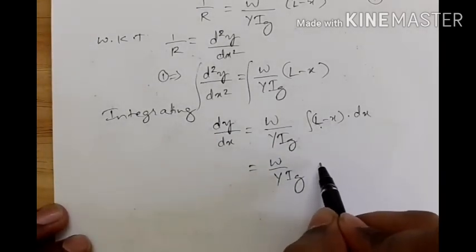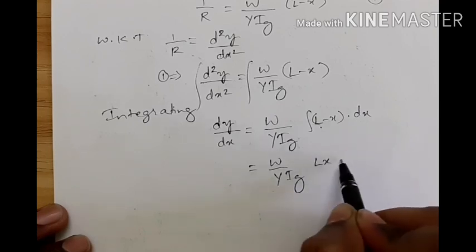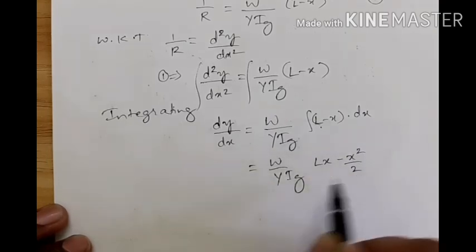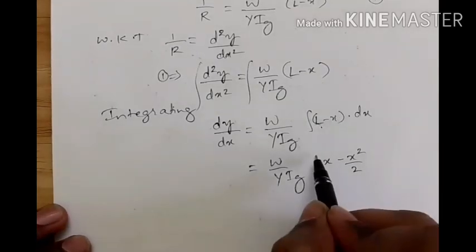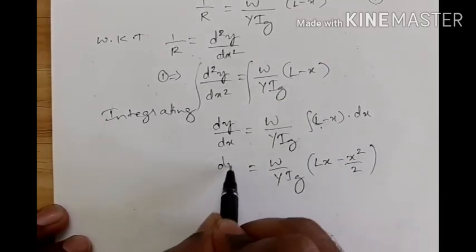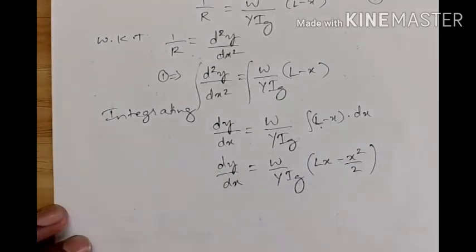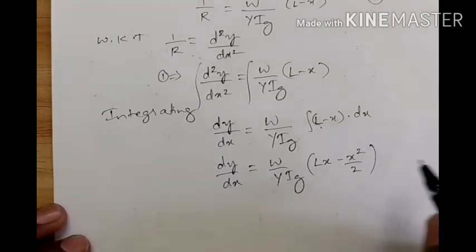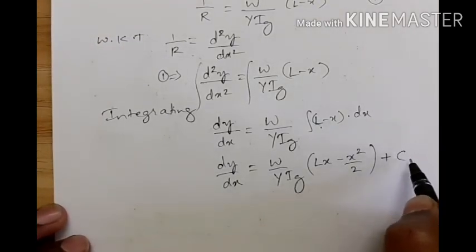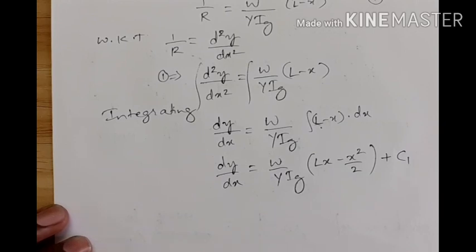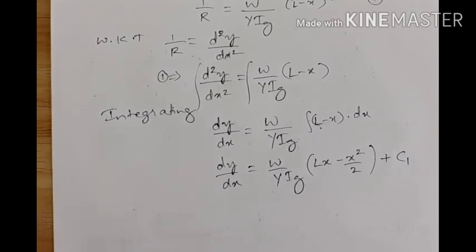So when I integrate that, this will be Lx minus x square divided by 2 is the integration of this. So this is dy divided by dx. Here again we should take the constant of integration, C1. Let us create a situation in which x is equal to 0.